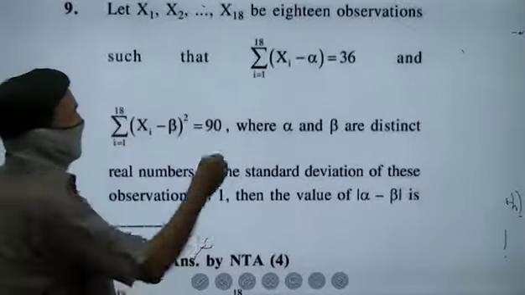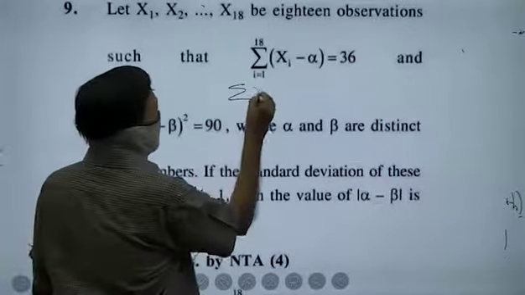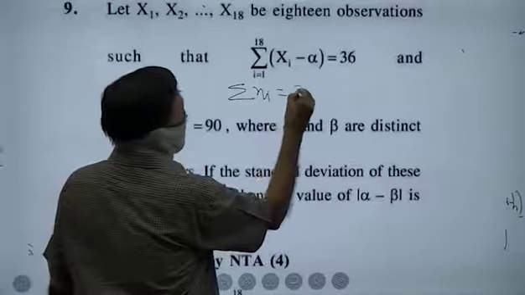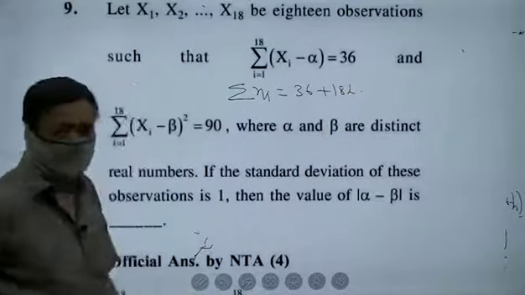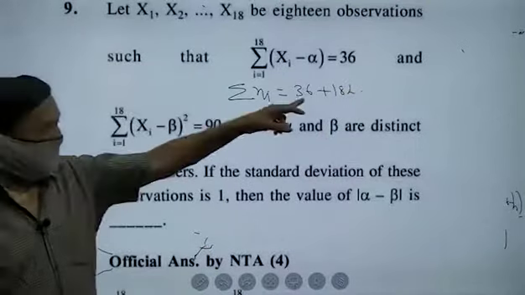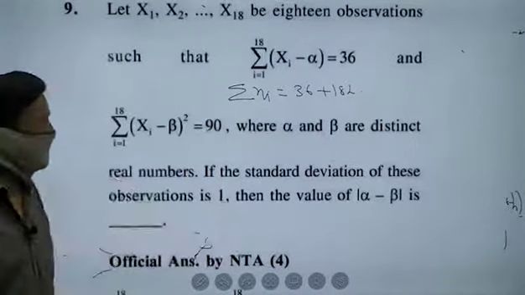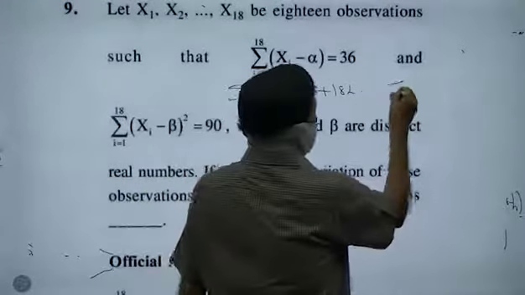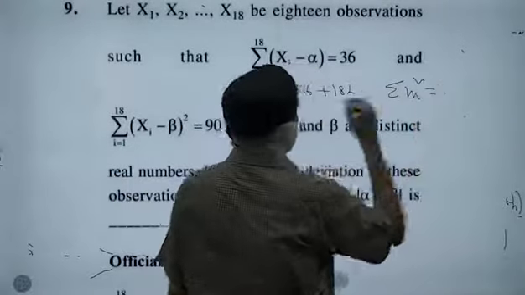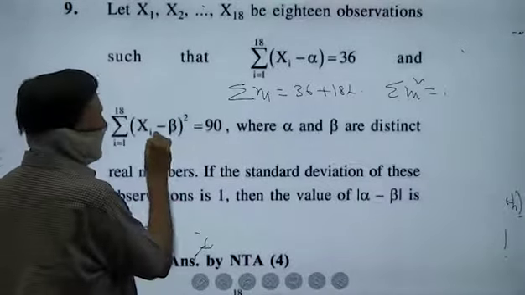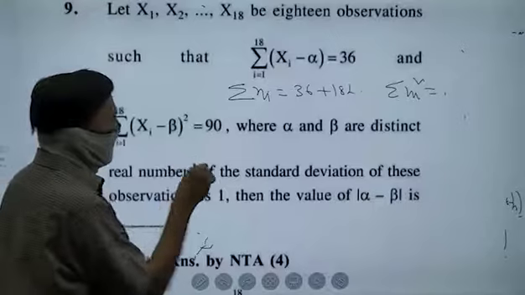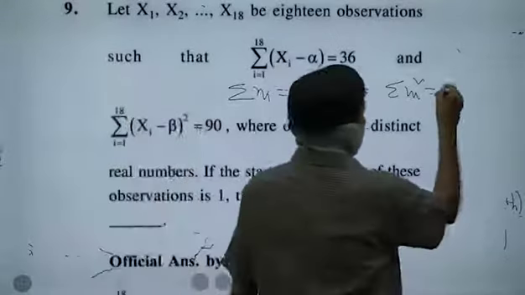Say sigma xi is equal to 36 plus 18 alpha. Sigma xi is this. Sigma xi square is here. See, sigma xi square, what are you going to get? 90, right?